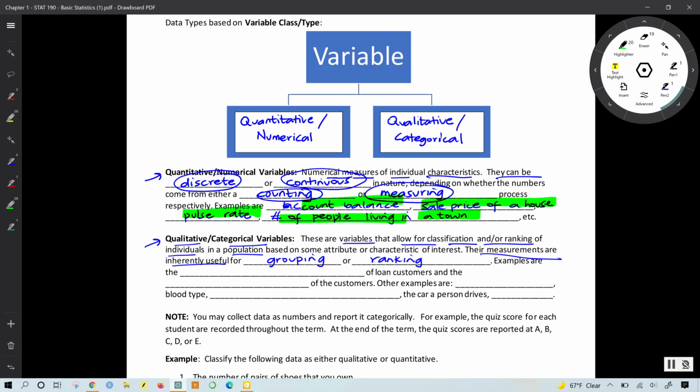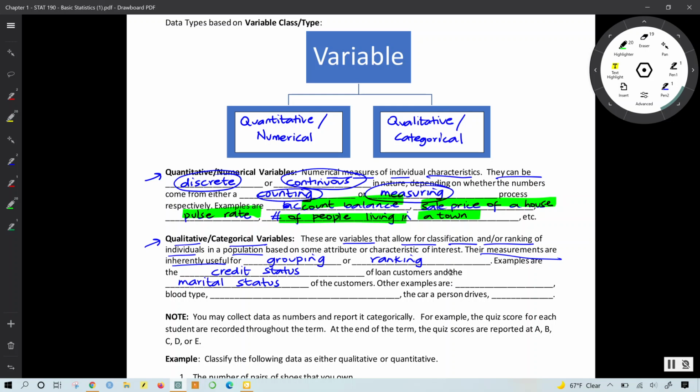Examples are the credit status, either bad, poor, or good, of loan customers, and the marital status of customers. That can also be regarded as a categorical variable.